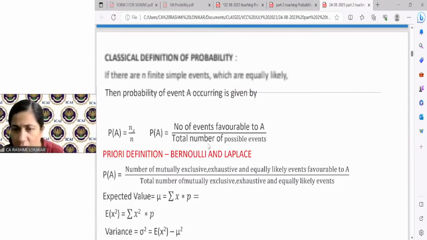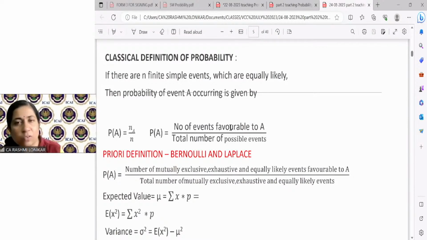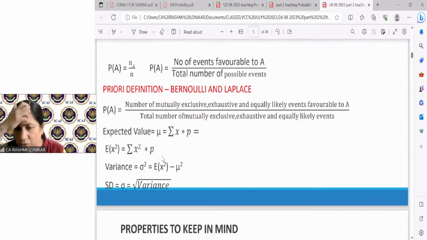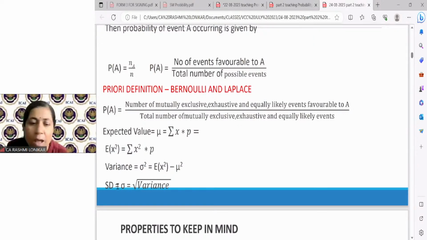Then we talked about the classical definition: number of events favorable to A upon number of possible events. About expected value, mu is equal to summation x into p. E of x square is summation x square into p. Variance is sigma square, which is E of x square minus mu square, and standard deviation will be the square root of the variance.